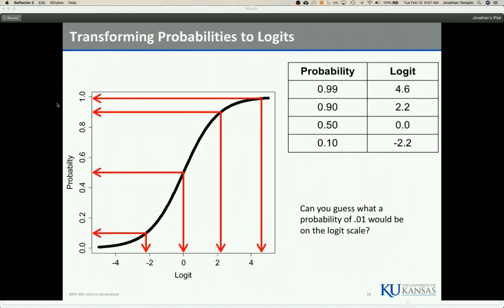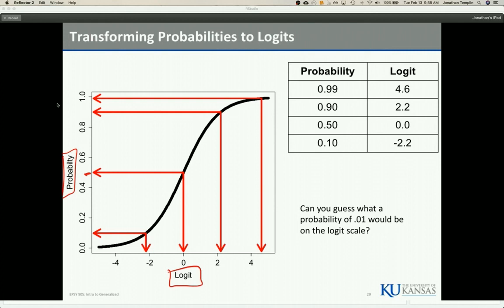So here is a nice graph of the logit. On the bottom is the logit value. On the left-hand side is the probability, and we can map the probabilities to give you a sense for the scale of this outcome. A probability of 0.5: remember, odds is probability divided by 1 minus probability.